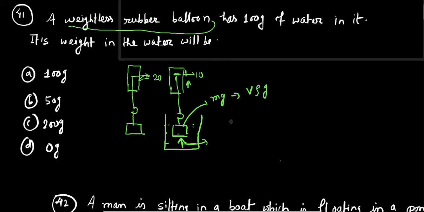And upthrust can be written as V d g, supposing the density of the liquid to be d. So due to a difference in density, there is a kind of thrust.